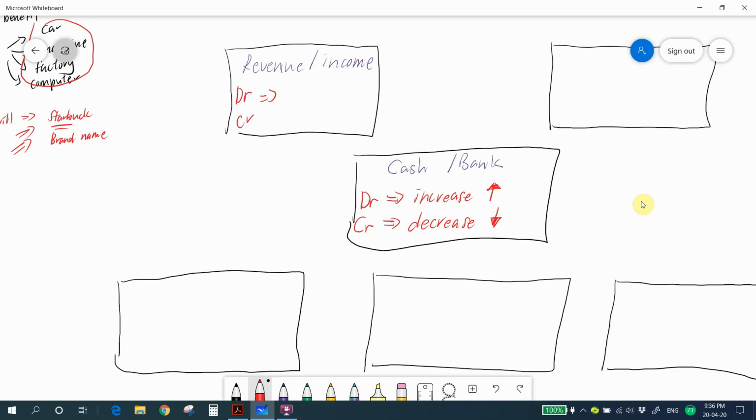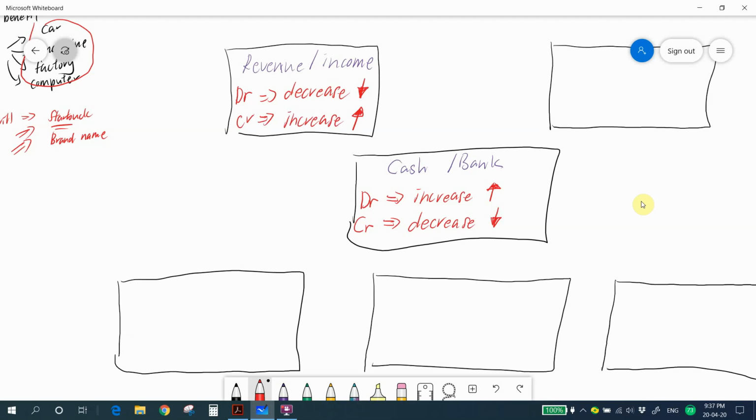When we record debit entry in your revenue account, it means this is decrease on your revenue or income. On the other hand, if you credit an entry in your revenue or income account, it means that increase of your revenue or income.